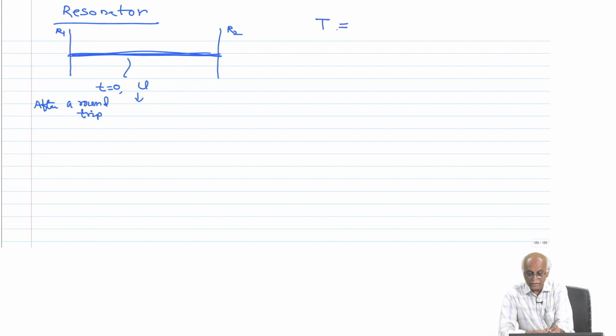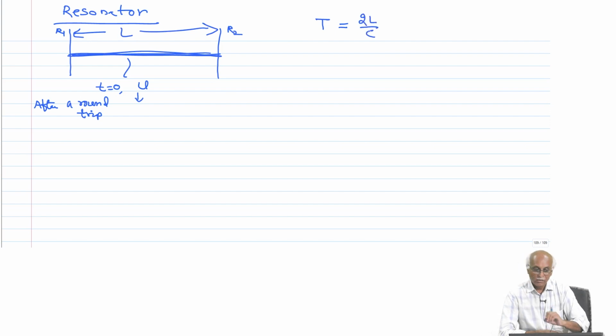Let us say the cavity length is L and the speed of light in this cavity is c, so the round trip time T will be 2L by c.